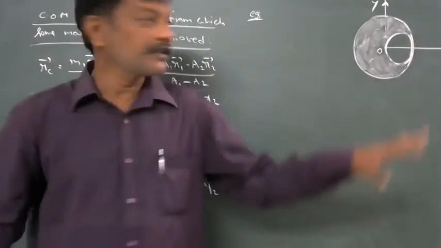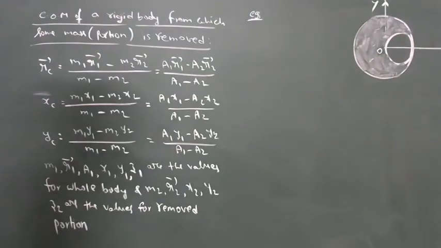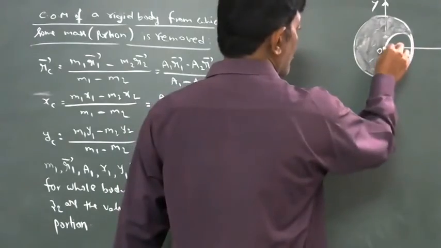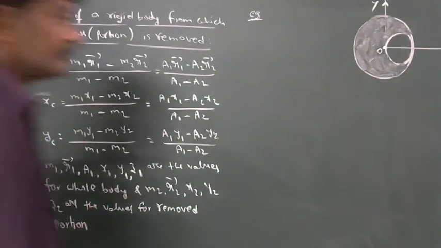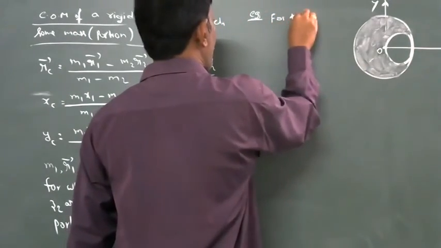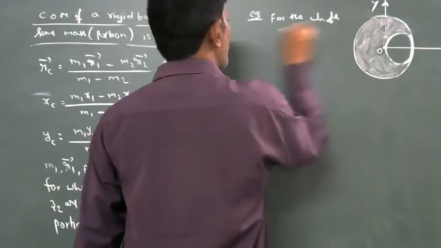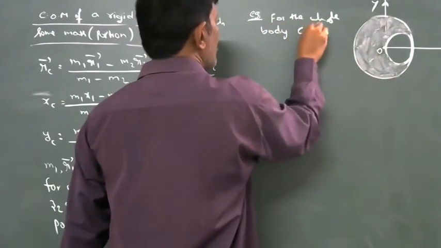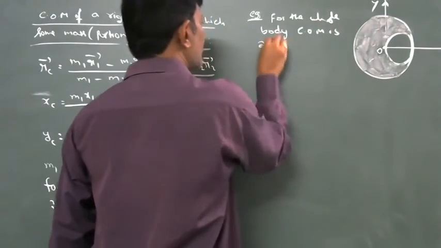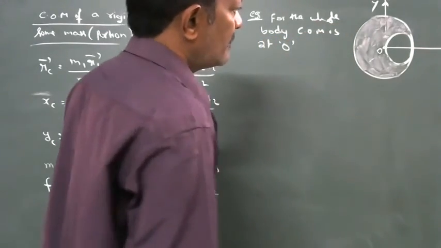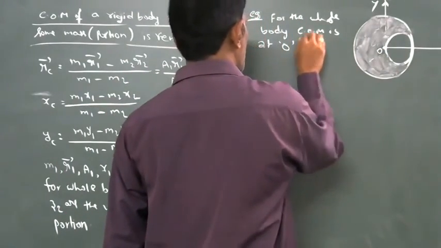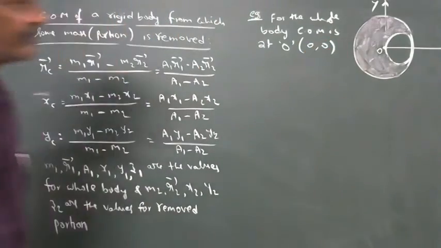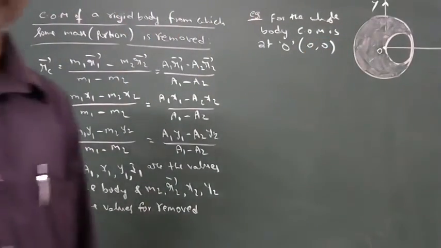Now, after removing this portion, where is the center of mass of the remaining part? For the whole body, the COM is at O, and the coordinates of O are 0, 0.